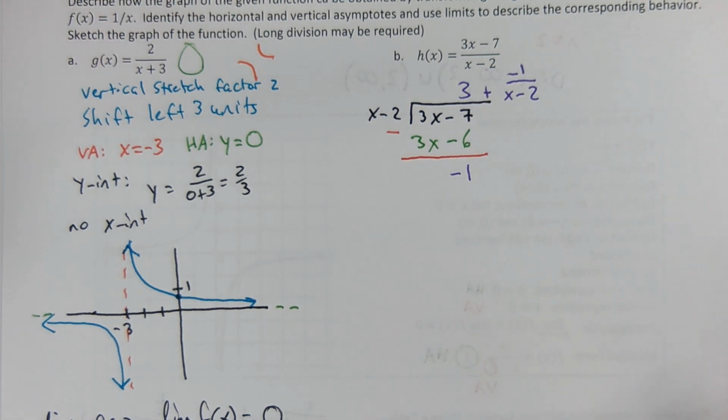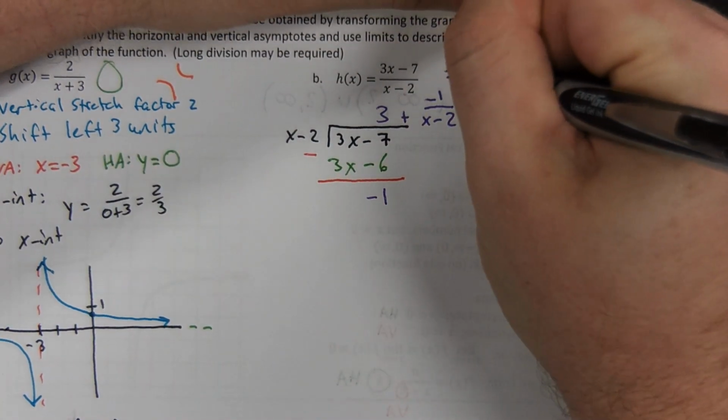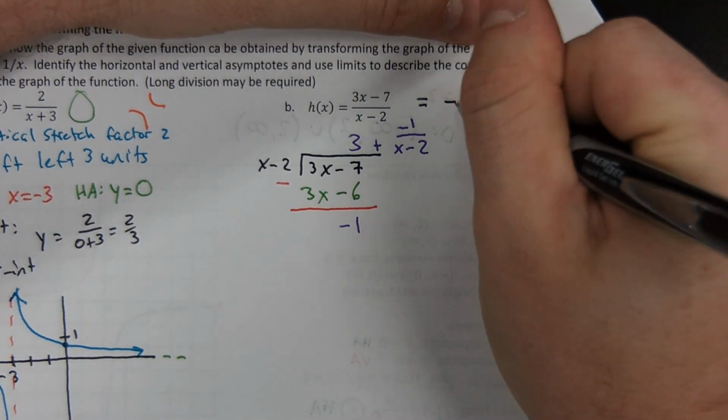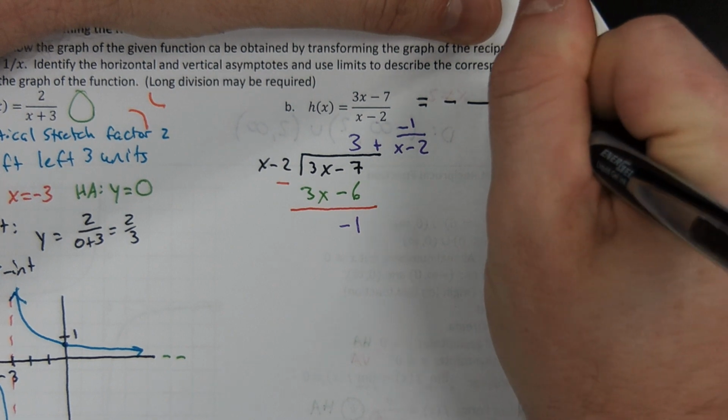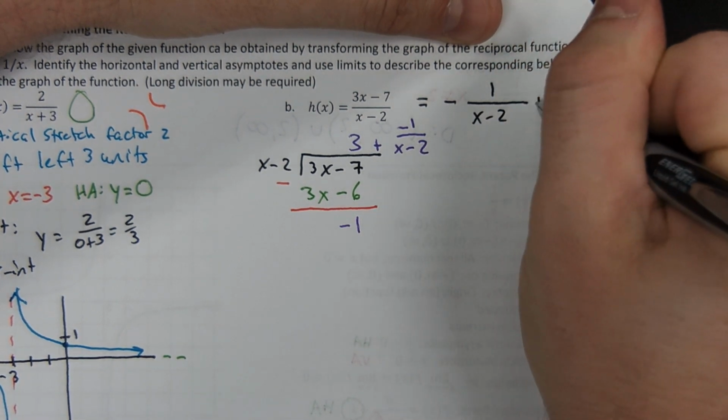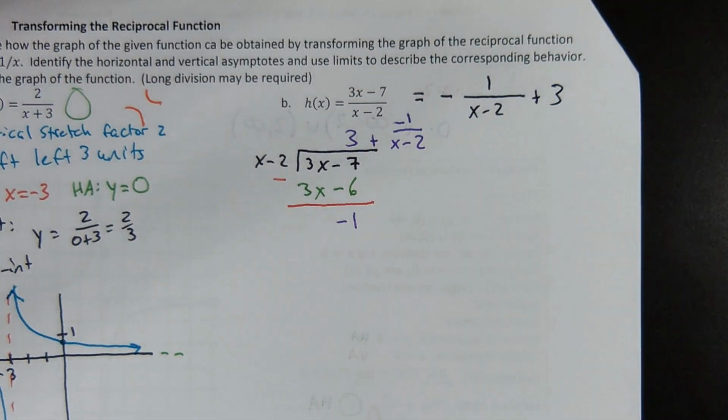So like negative 1 divided by 2 is the same as negative 1 divided by 2. Everybody's cool with that? So that is why the standard form of my function is actually 3 minus the fraction 1 over x minus 2. And we all said that that 3 was positive. There's standard form.